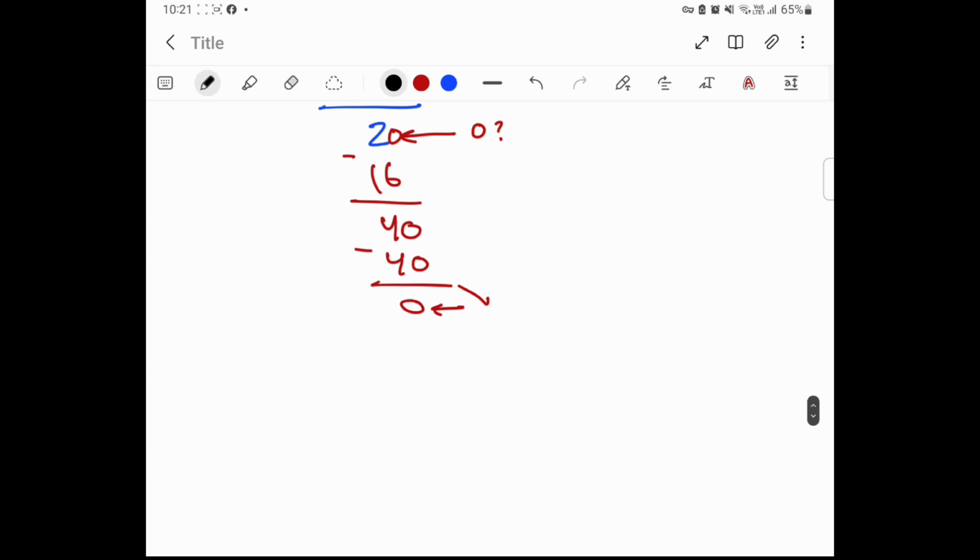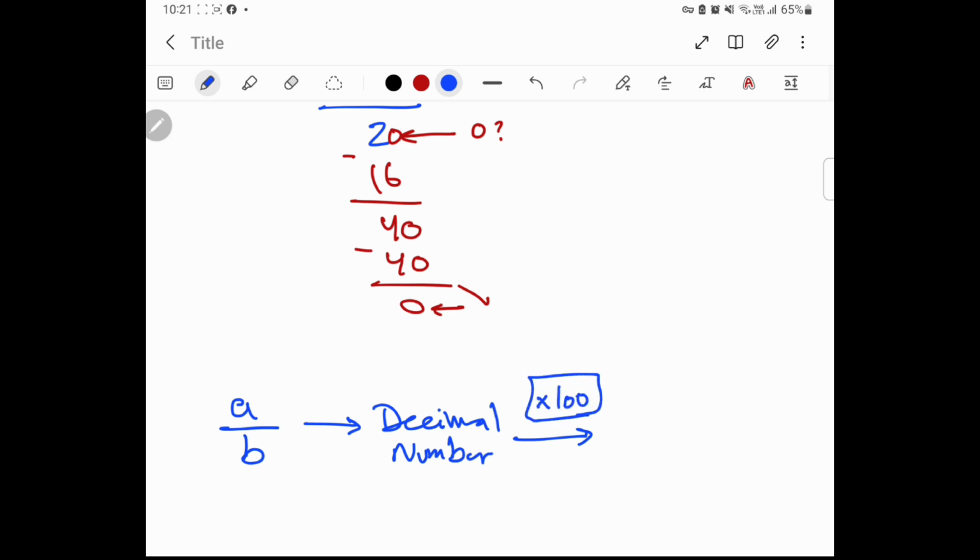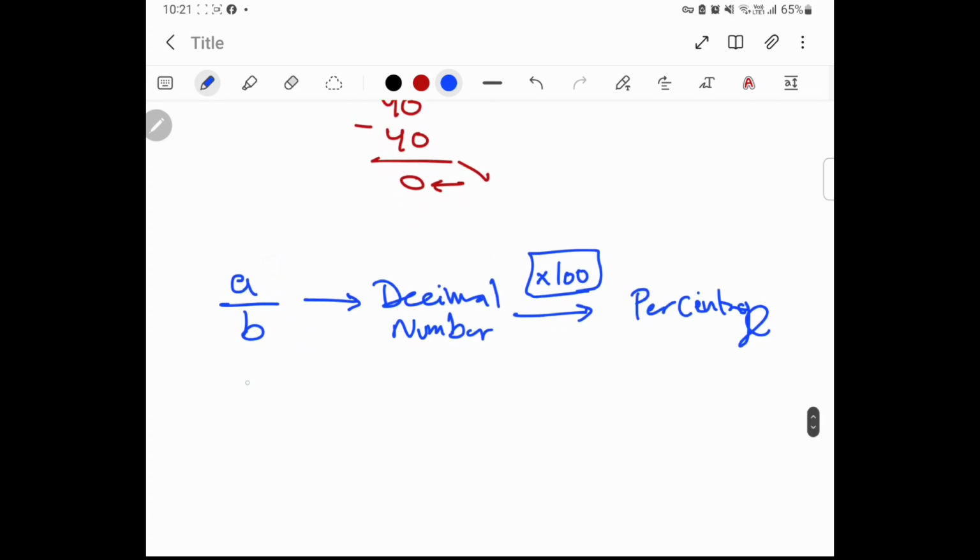What about percentages? So if you have a fraction, you can convert it to a decimal number using the above strategy. And once you get the decimal number, if you multiply it by 100, then you get the percentage. So in the previous example, we had 5/8.